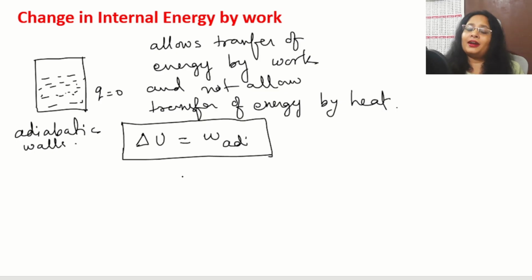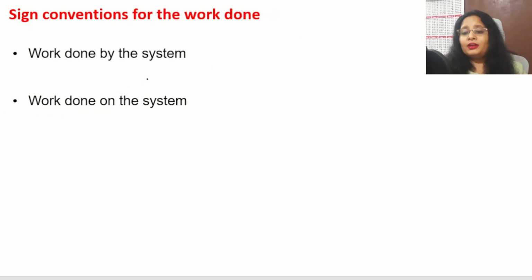Either it is mechanical work or electrical work, as I showed here. So delta U is a state function. Now if adiabatic work done is equal to the change in internal energy, we have to see the sign conventions we should use.